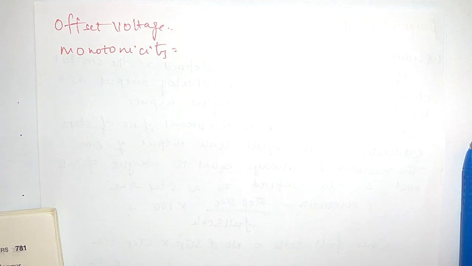So offset voltage means instead of having 0 output when the input is 0, it will have some value. Monotonicity means if the output is increasing when the input is increasing, that is called a monotonic DAC. Otherwise, if the output decreases as we increase the input, that is called a non-monotonic DAC.